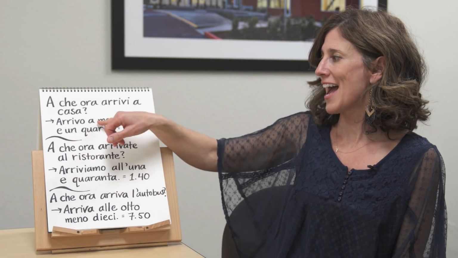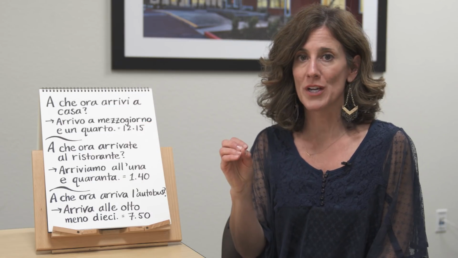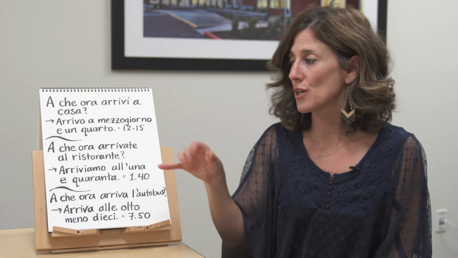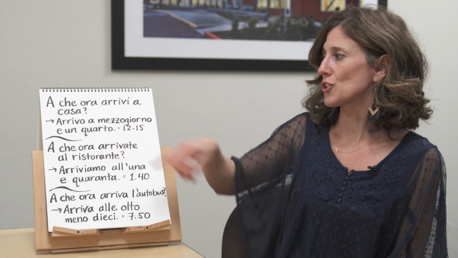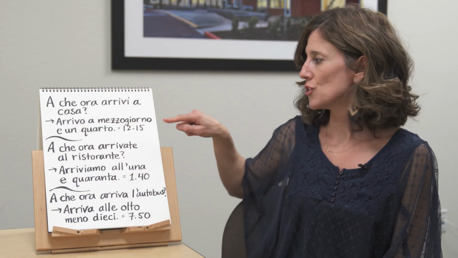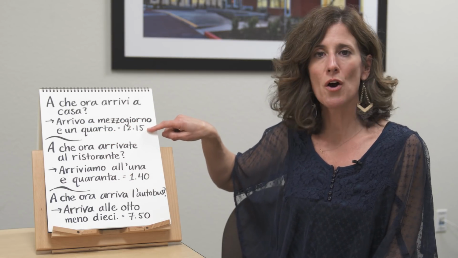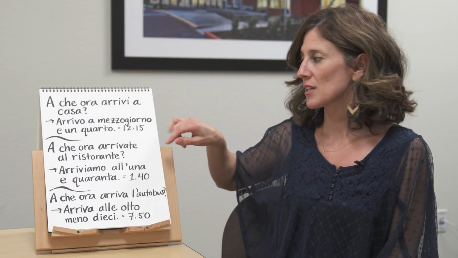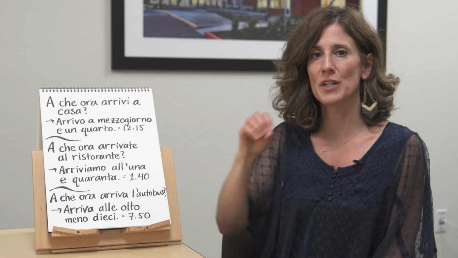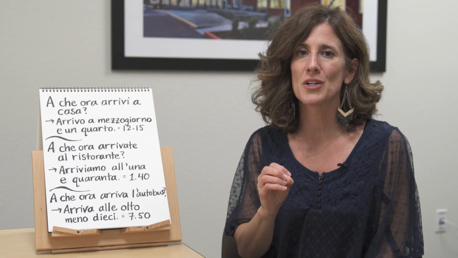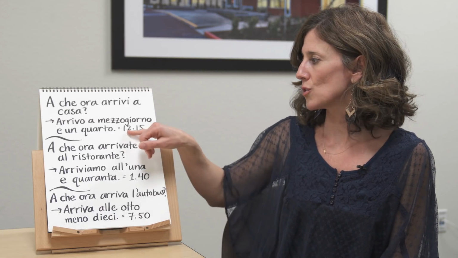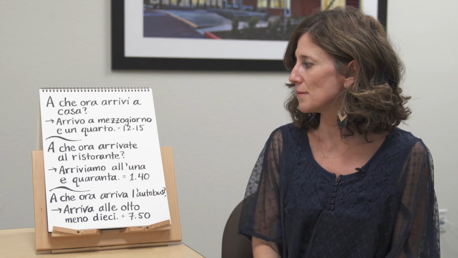I arrive at noon. Remember, we always use a with noon. E un quarto, and a quarter. So that would be the time. It would be 12:15. And in Italy, time is written with a decimal point, with a period, not with a colon. So 12:15 is written like that.